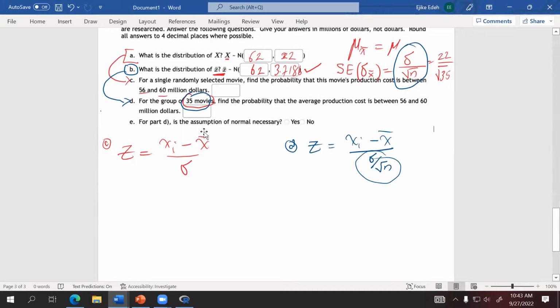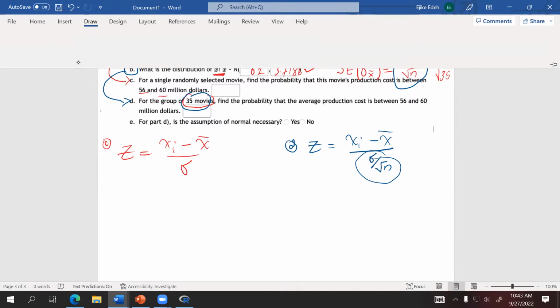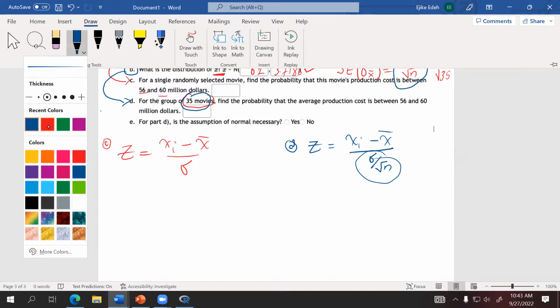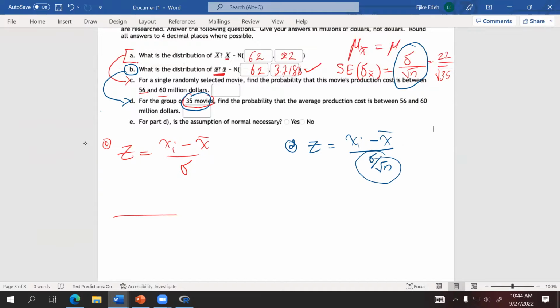So to round up, for question C, you have a distribution like this, and the question is saying the mean is 62. What is the probability that somebody gets selected to be here, maybe between 60 and 56? So you're looking for this area.